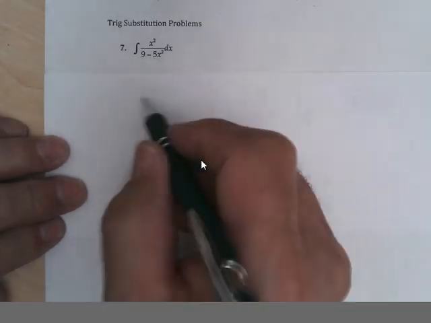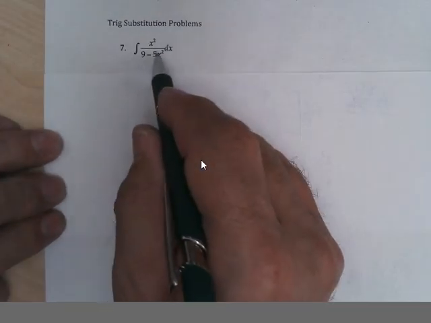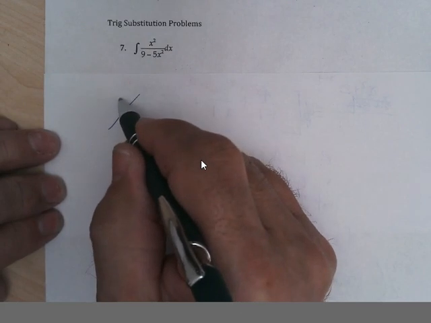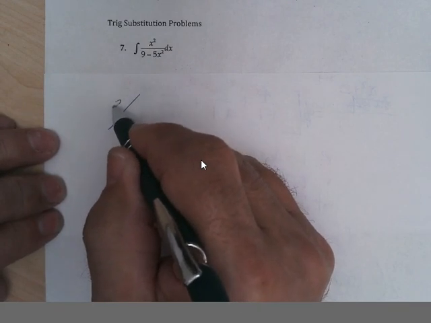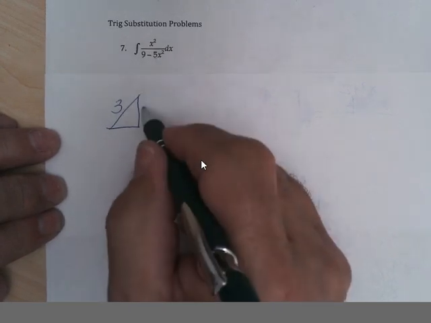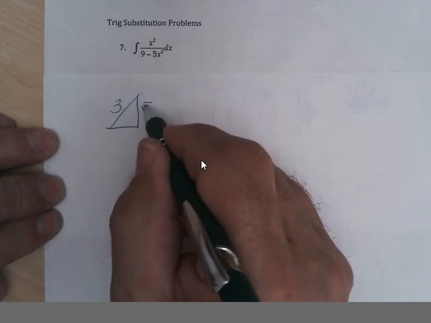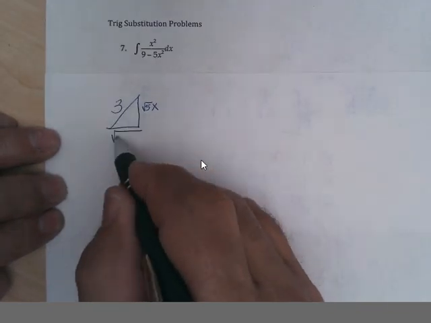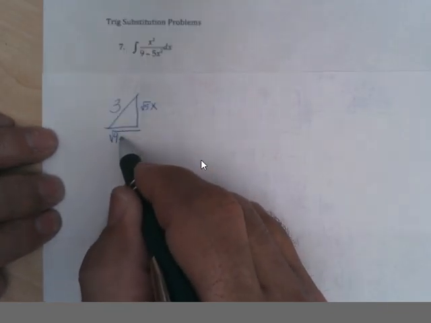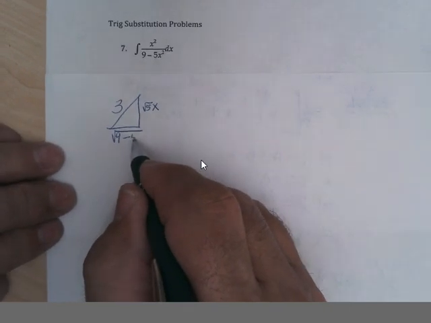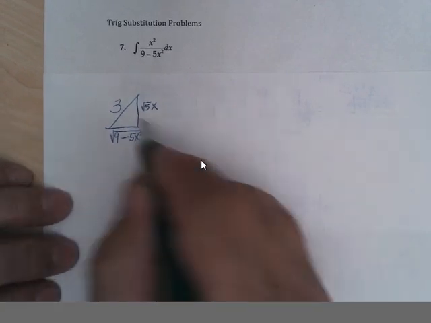Okay, so this is a subtraction, so the positive part, the square root of 9, would be on the hypotenuse, which would be 3. And so I put the other part on the opposite, which would be square root of 5 x, and this side would be 3 squared, 9, minus the square root of 5x squared, which is 5x squared.